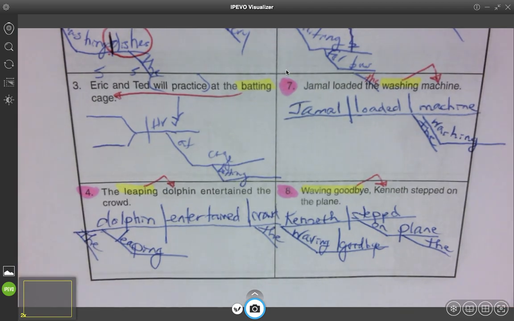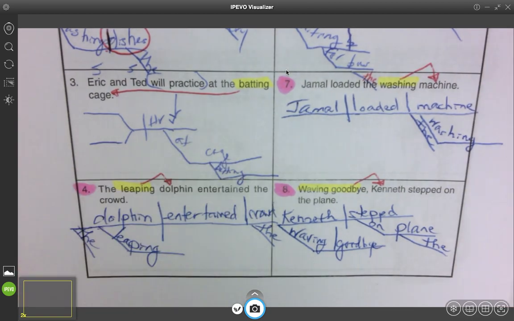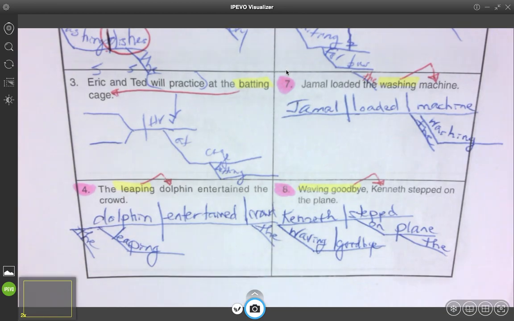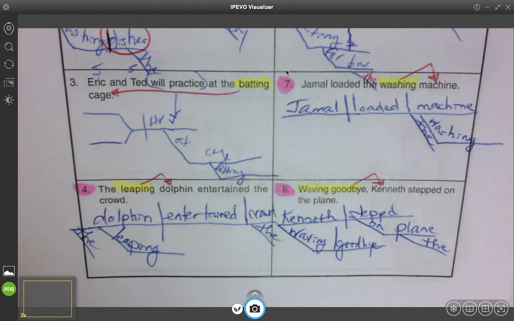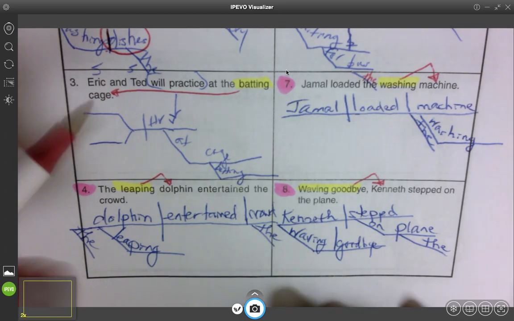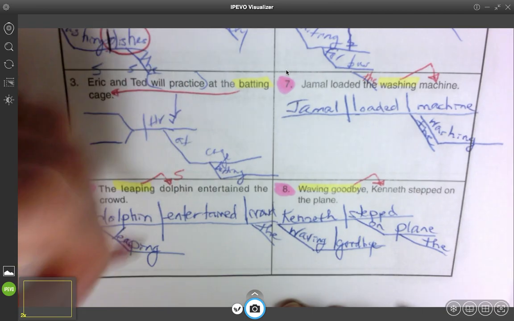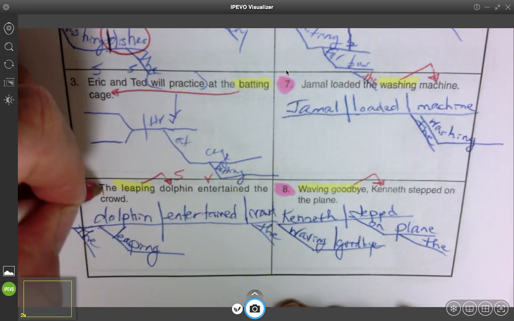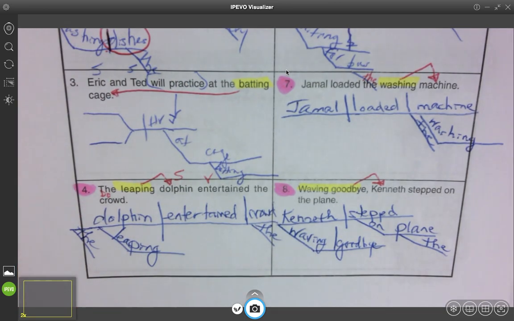Today, we look at sentences 4, 7, and 8. These are 3 sentences that we did not diagram yesterday. So let's place these diagrams on our papers so that we have them for future reference. Again, I'm suggesting that you can label the subject, the verb, and the direct object, and then you'll know exactly where to put it.